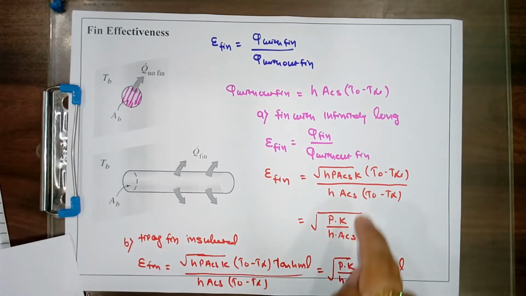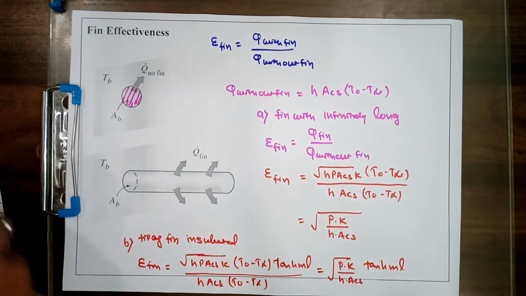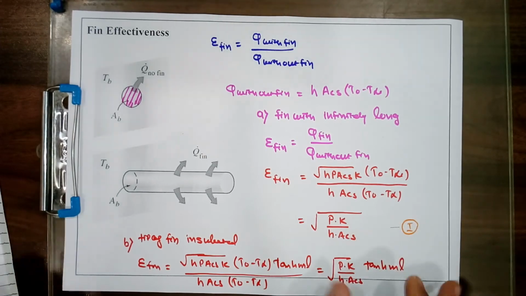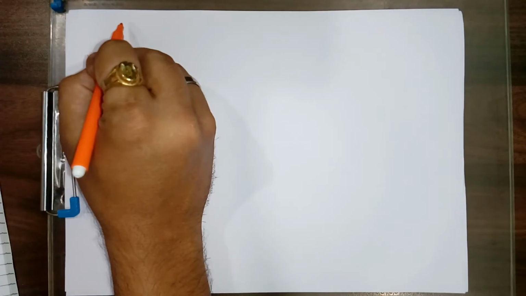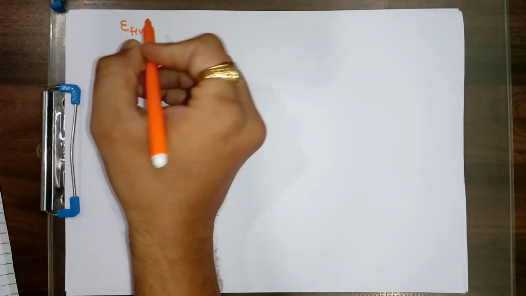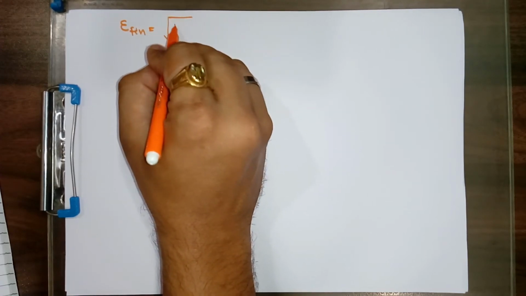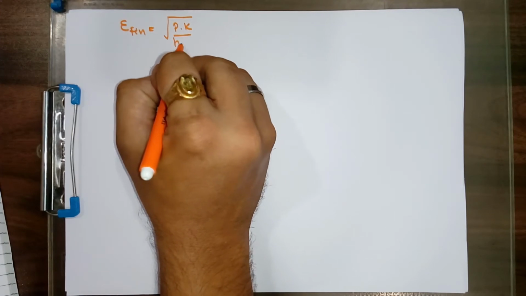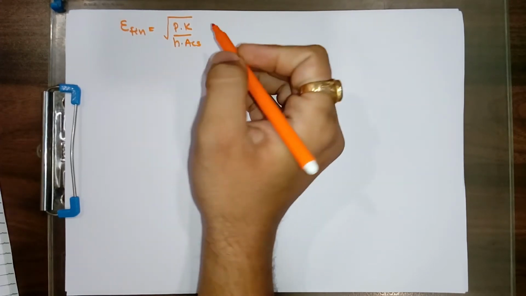From these two equations, if we name that equation number 1, we can discuss equation number 1 in depth. The effectiveness of the fin is the square root of P into K upon H into ACS. So we can write some conclusive remarks from the effectiveness.